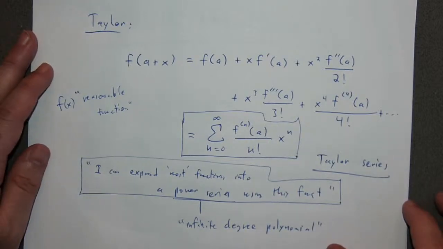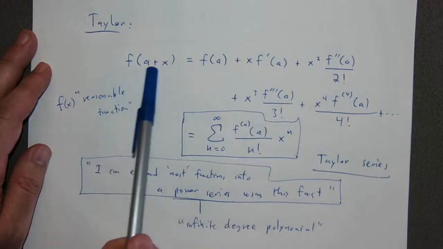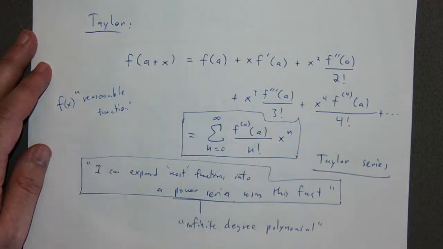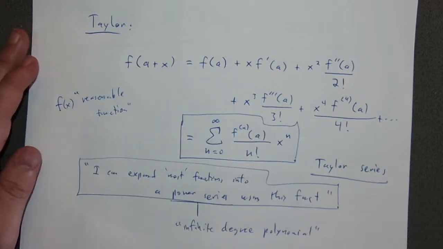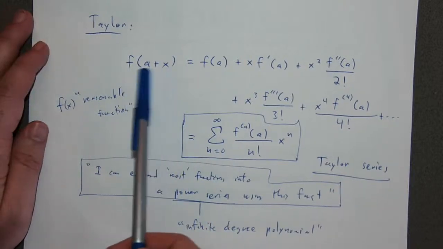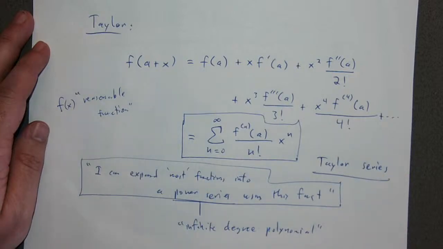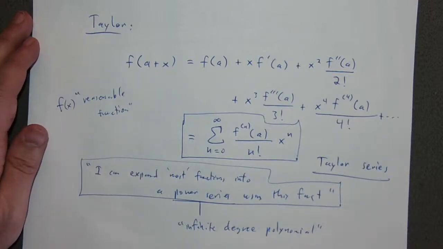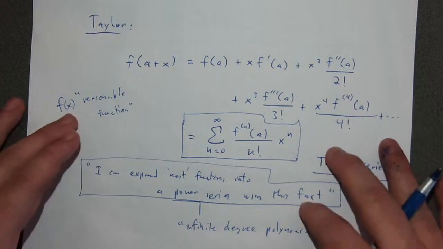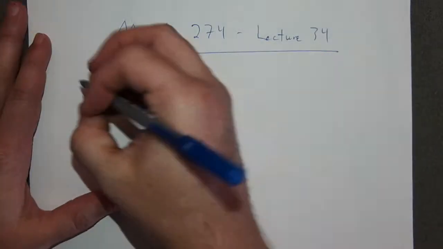But to address this concern you have that this is a way of writing f of a plus x as this series, if you want to write f of x itself as this same series, you just need to set a equal to 0. This is exactly what Maclaurin did, and the Maclaurin series is named after this.